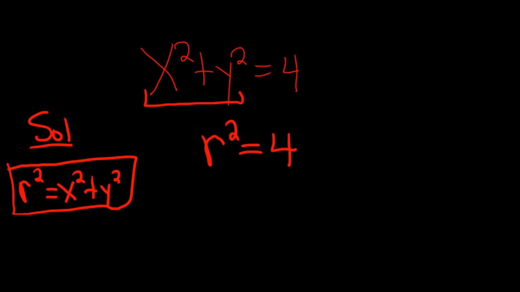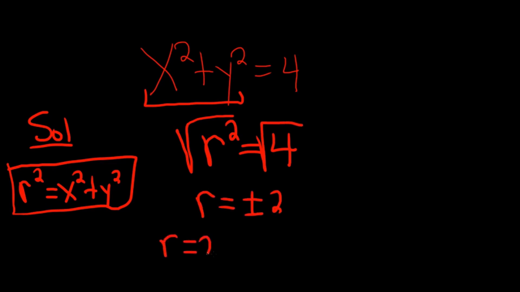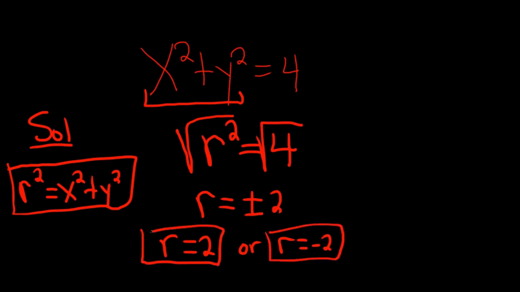To solve for r, we simply take the square root of both sides. This gives us r equals plus or minus 2. So we have two possible answers, r equals 2 or r equals negative 2. Either of these would be a perfectly acceptable answer. I like this one, so I'll go with r equals 2.